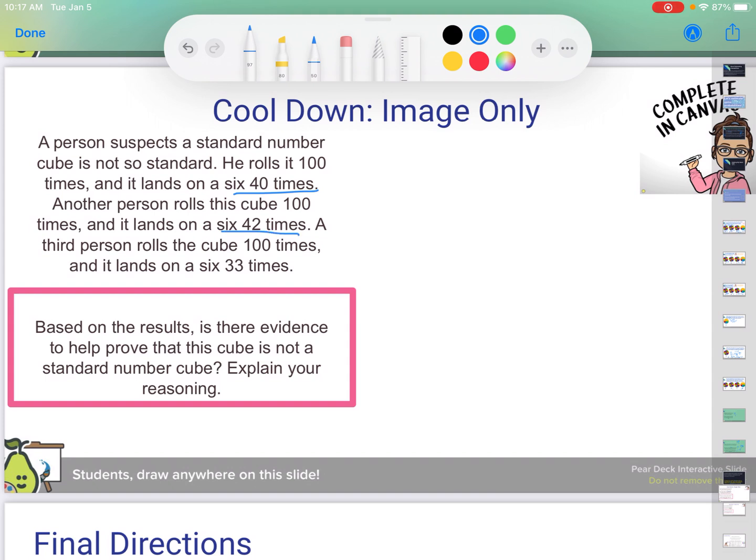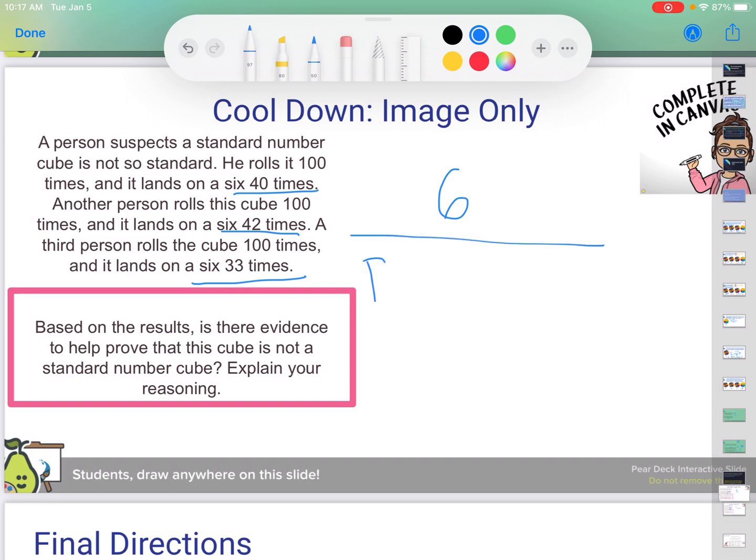A third person rolls the cube and it lands on 6 33 times. Based on the results, is there evidence to prove that the number cube is not a standard number cube? Explain your reasoning. So I want you to think about your possible outcomes and your desired outcome. So your desired outcome is the number 6.